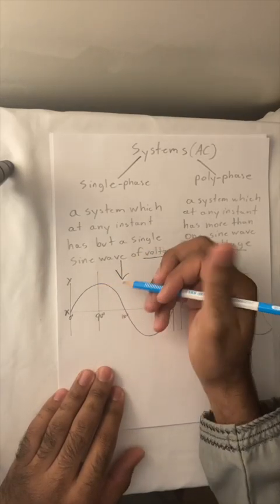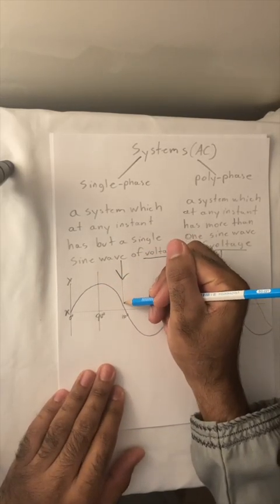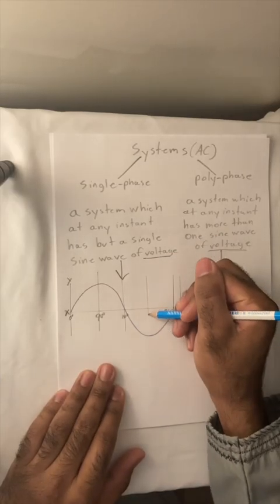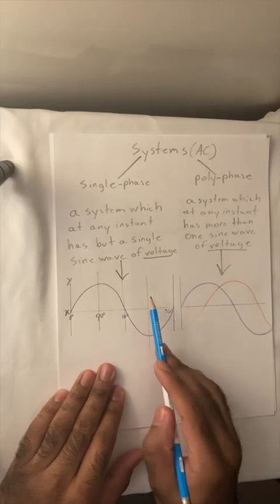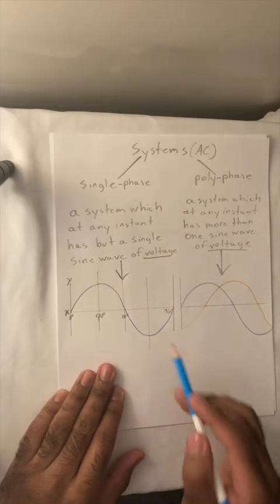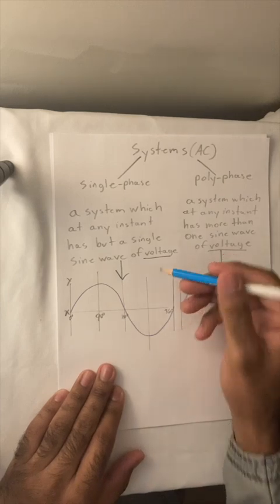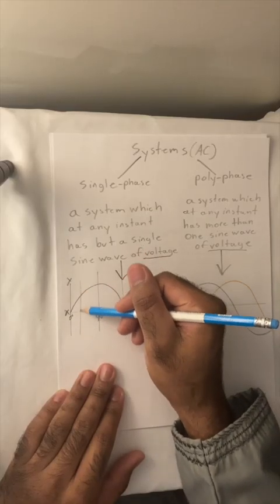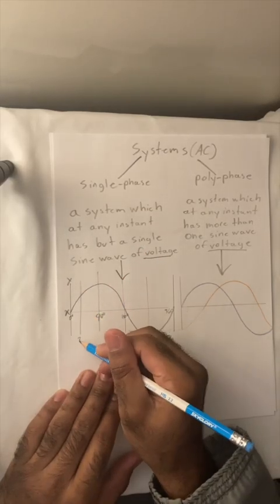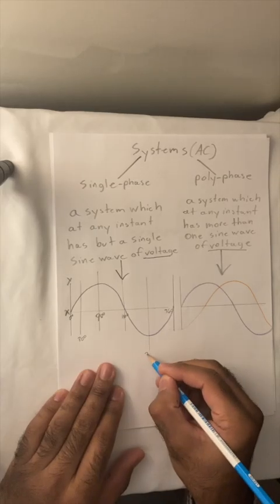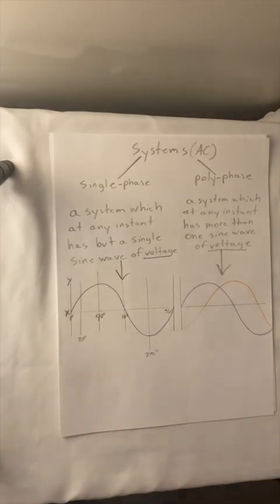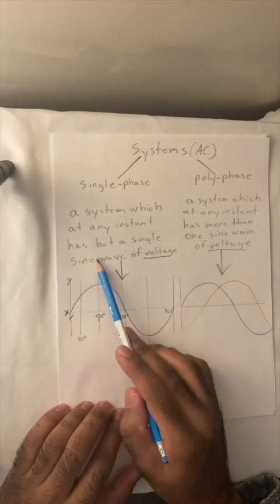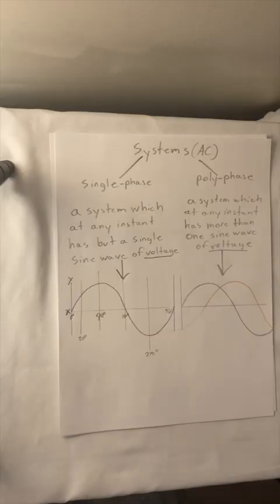If we were to go to 180, there's only but one. If we were to go to 270, there's only but one sine wave. And for other instances, for example, 30 degrees, there's only but one sine wave of voltage. That is the definition of a system which at any instance has a single sine wave of voltage. That's the definition of a single phase.